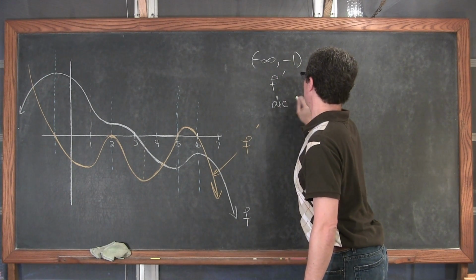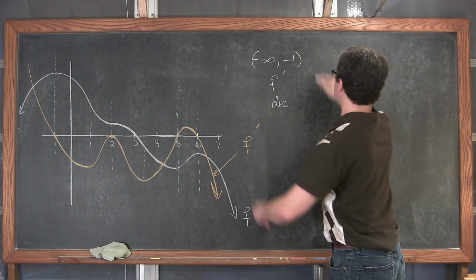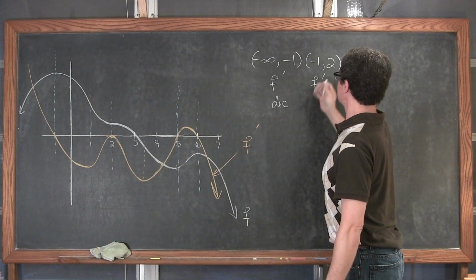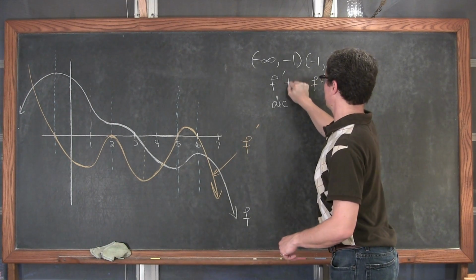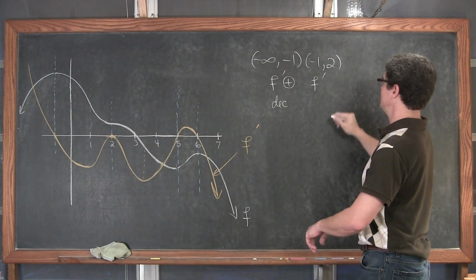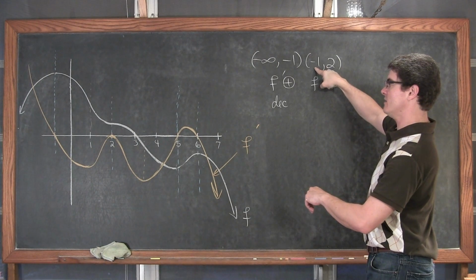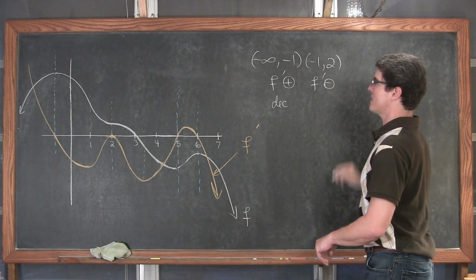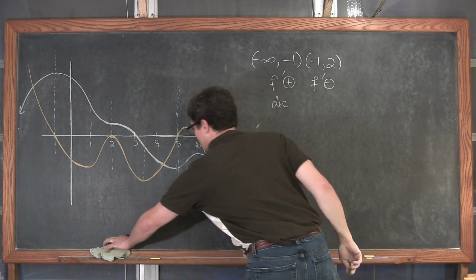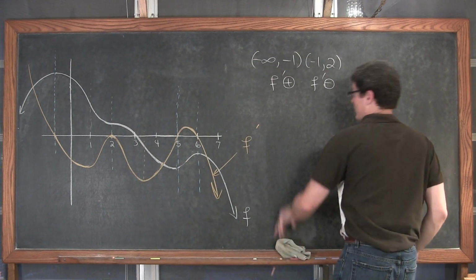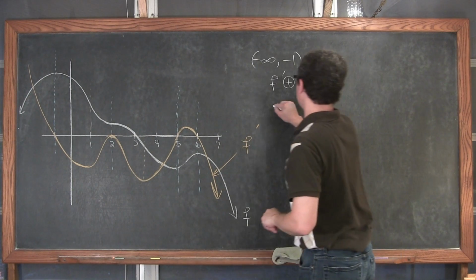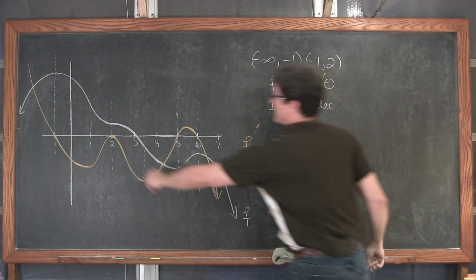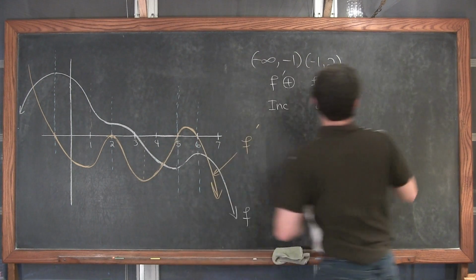Just for one last summary, between -1 and 2, f prime is, let's see, I forgot to write this, positive. So the first derivative is positive, the function is increasing. Then it's decreasing from a value of 2 to 5.